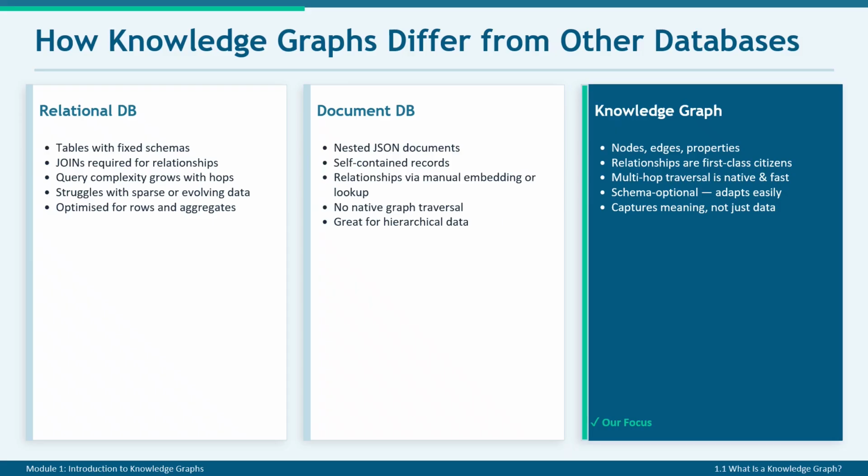Multi-hop traversal, following a chain of relationships through the graph, is the native operation, and it is fast by design. The schema is optional and can evolve as your understanding of the domain grows. And crucially, the meaning is in the structure, not just the data. For AI workloads in particular, where you need to reason across entities, infer new facts, and explain your conclusions, knowledge graphs are the natural fit.